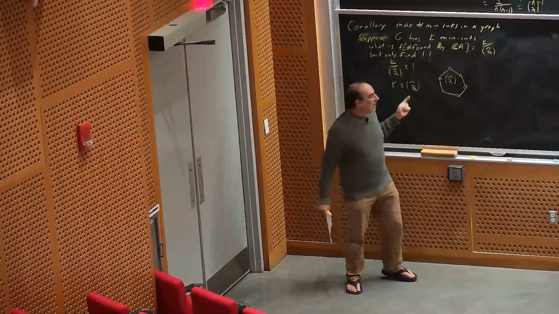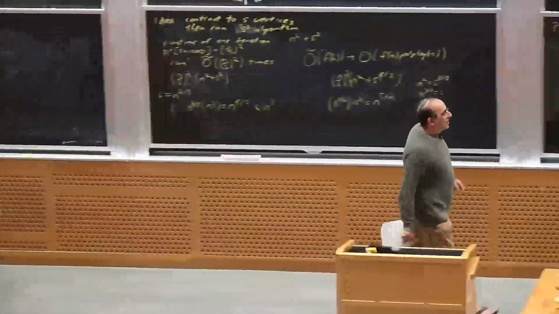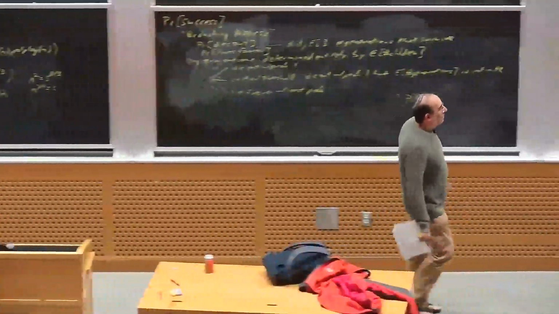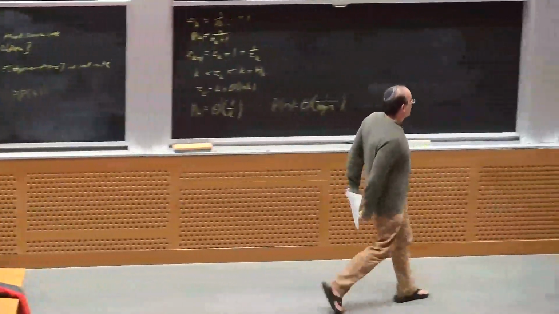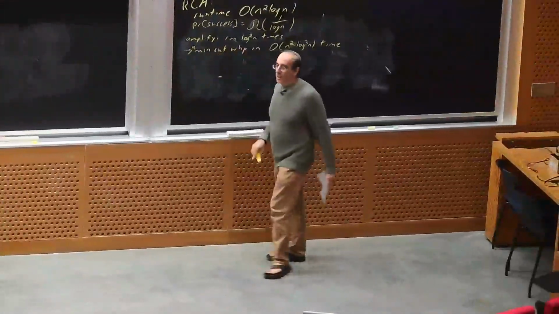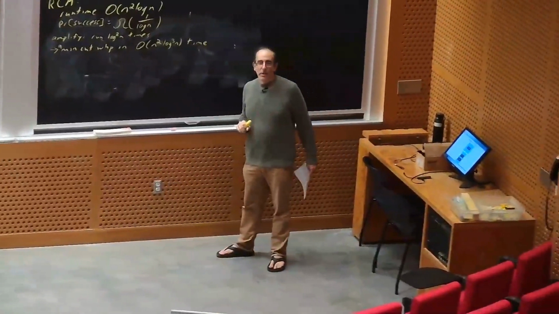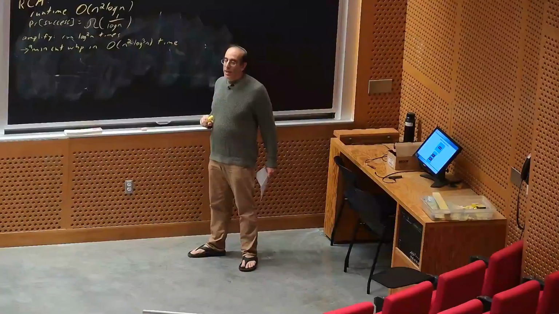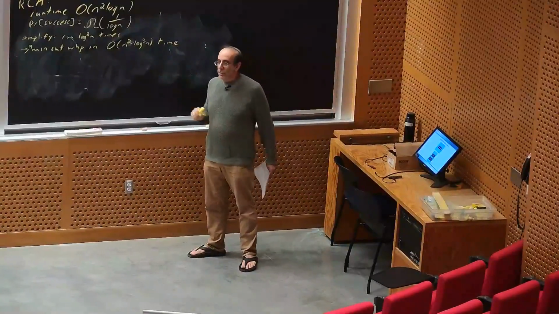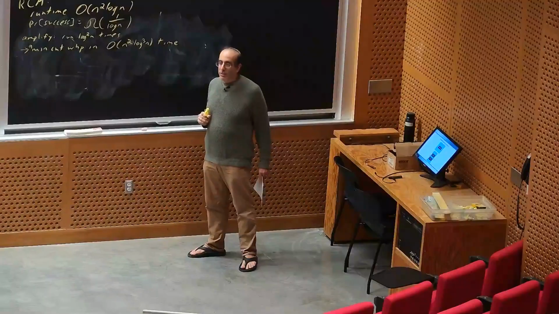But now, let me go back to the recursive contraction algorithm. What we said about it is that it finds a min cut with high probability. But now we know there is only a polynomial number of minimum cuts. So what can we conclude?